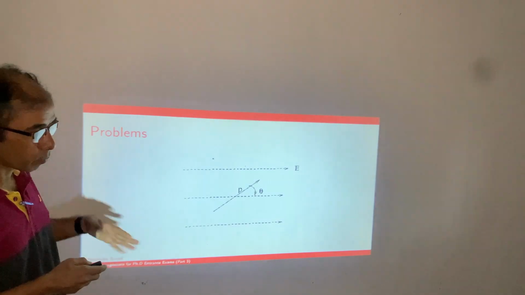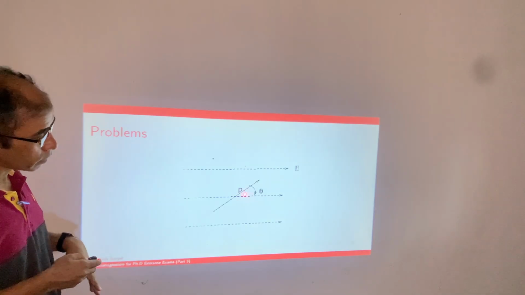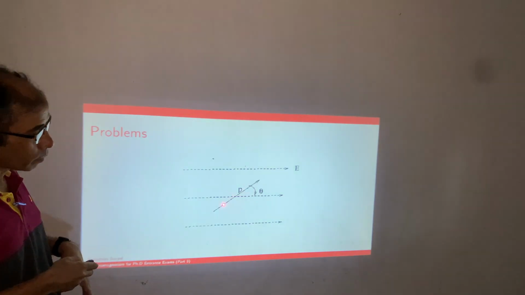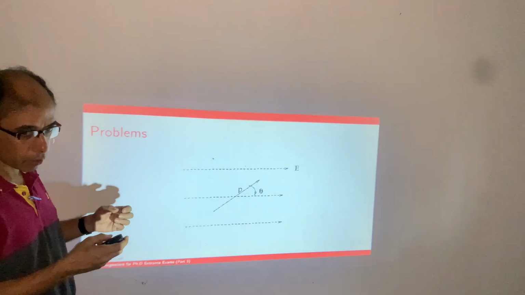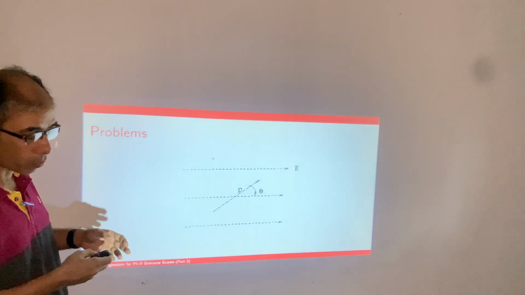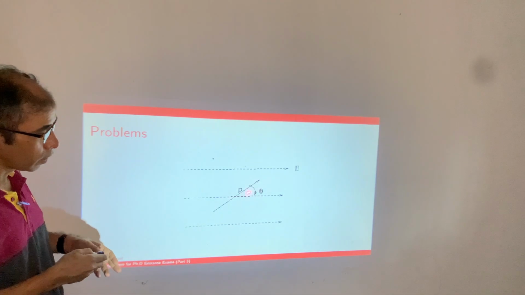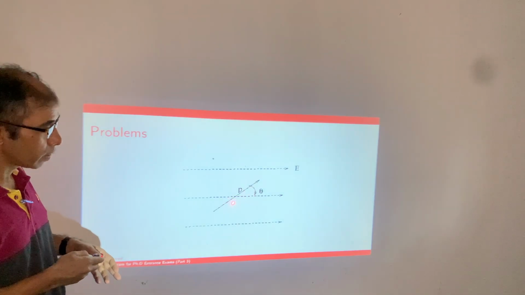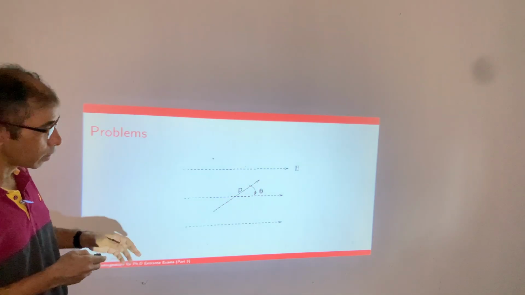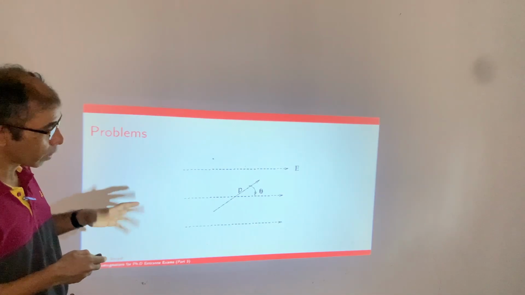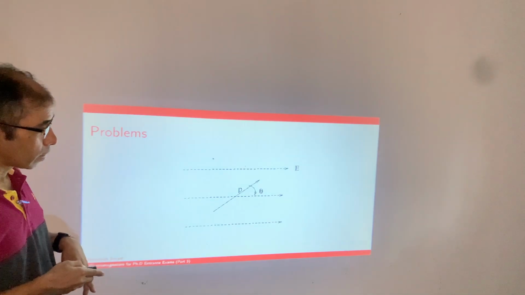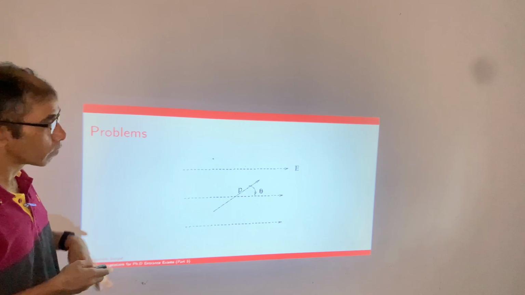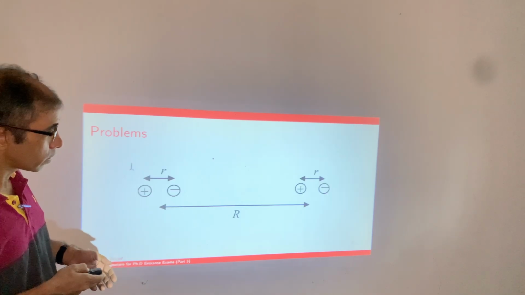Now if in this electric field the dipole is slightly rotated, then it is going to have angular oscillations, and the frequency of that oscillation in this problem is omega.